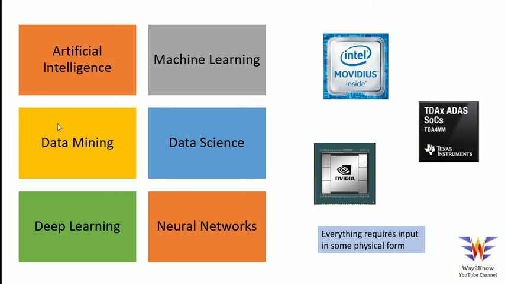So when we are talking about all these, we are talking at a very high level, but at a very lower level, it involves hardware and inputs need to be processed using these algorithms that are developed. So on the right you see these are the chips that are available in the market. Very few are mentioned here.